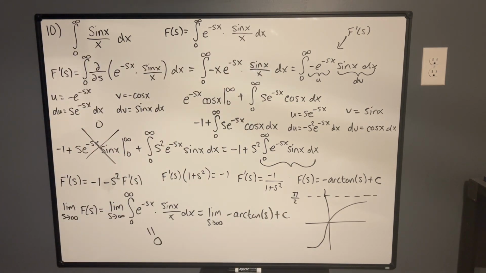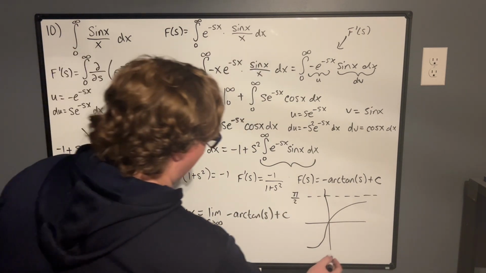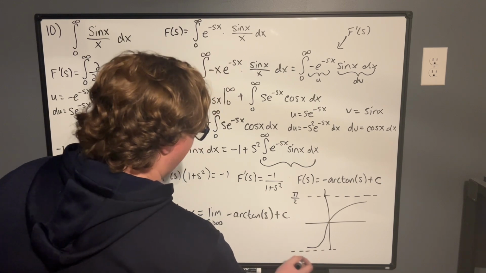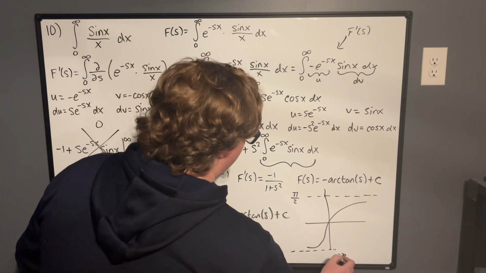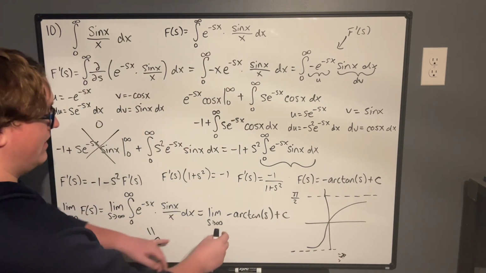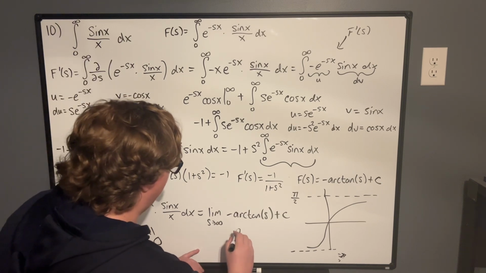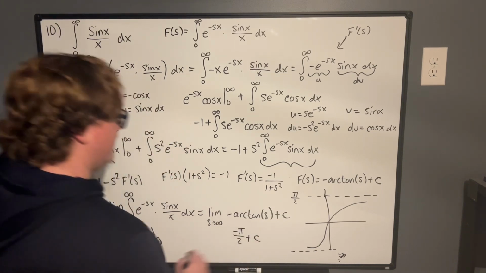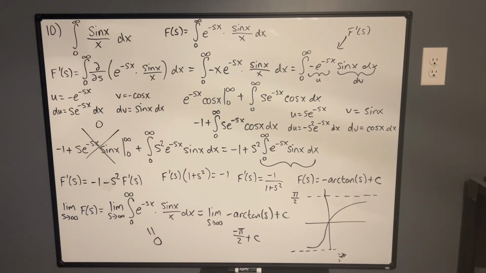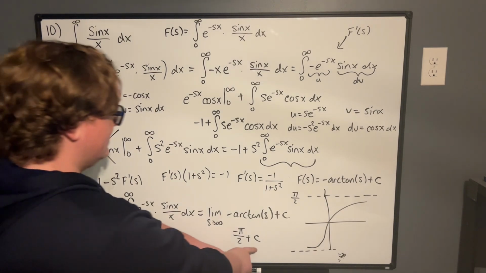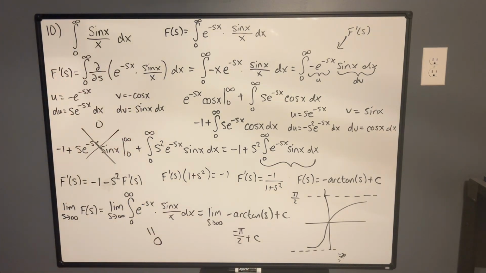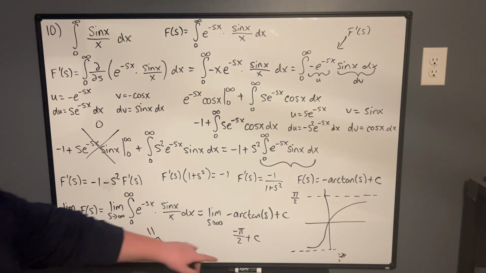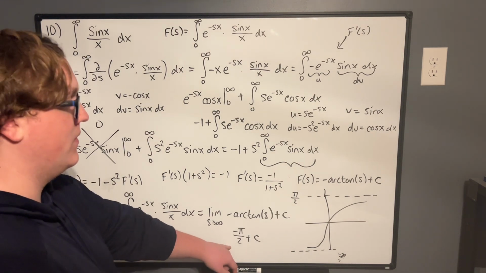So we know that if we look at negative arctan, we're going to have negative pi over 2 right here as well, which means that as s goes to infinity, we have negative pi over 2 plus c. But we want to figure out what c is, and we know that the limit should be 0, which means that c would also have to be pi over 2, right? For this to be 0, c has to be equal to positive pi over 2.